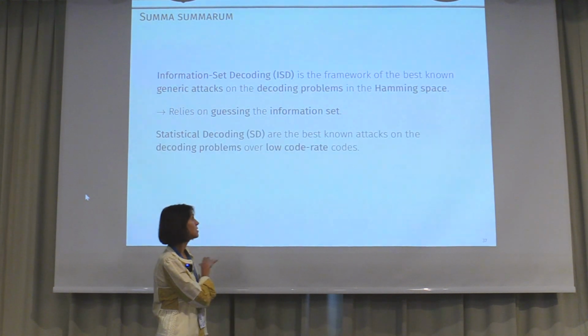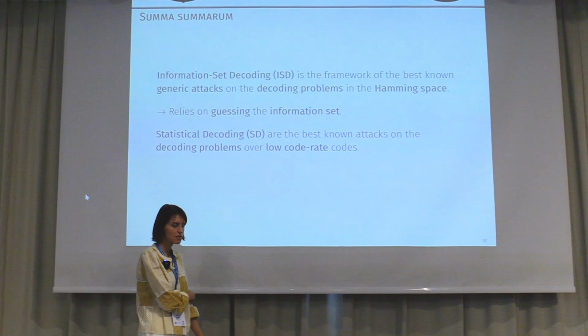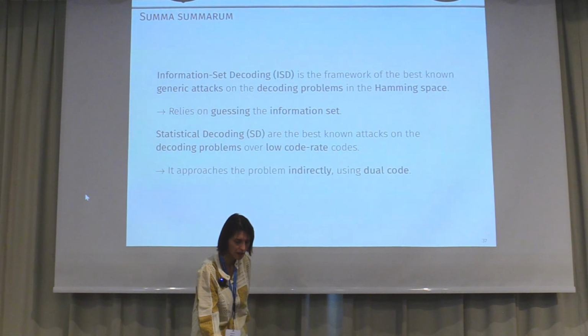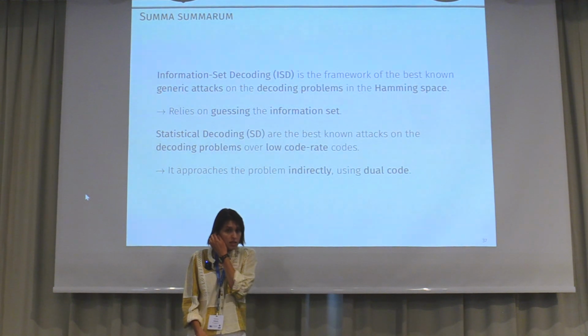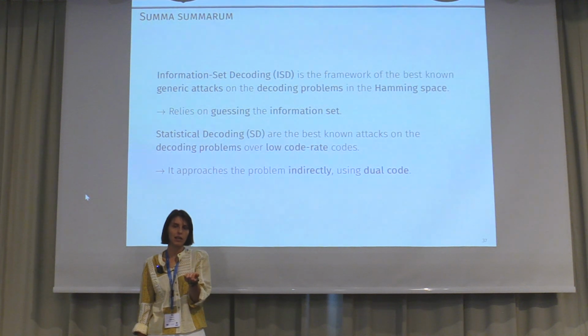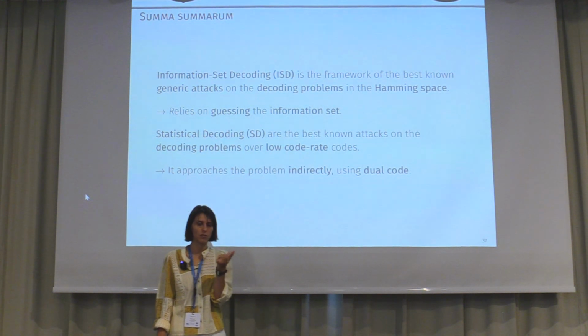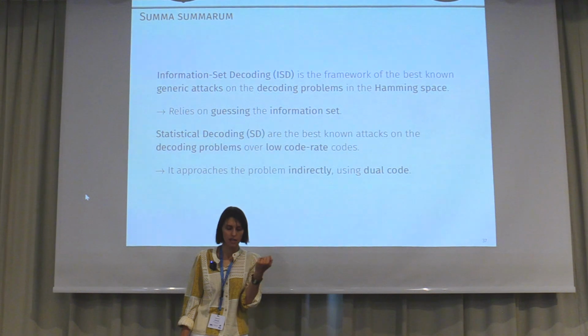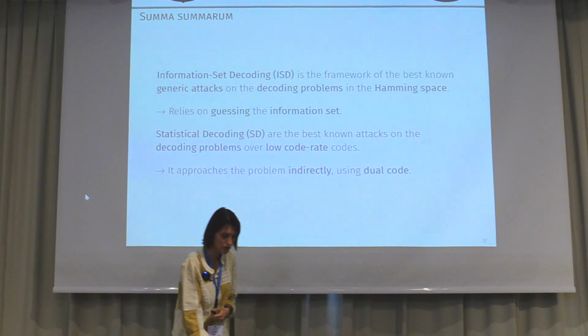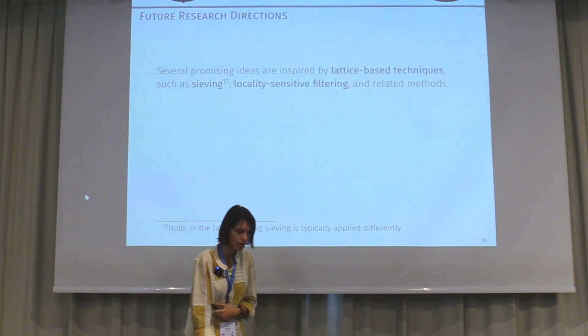And I also briefly spoke about the statistical decoding attacks that are the best attacks for this low code rate regime. In this case, we are not approaching the problem directly, so we are not directly aiming to solve or find parts of the error vector itself, but we are trying to do that in the dual code. So we refer to this type of attacks as dual attacks.